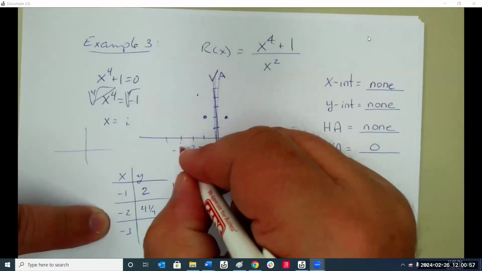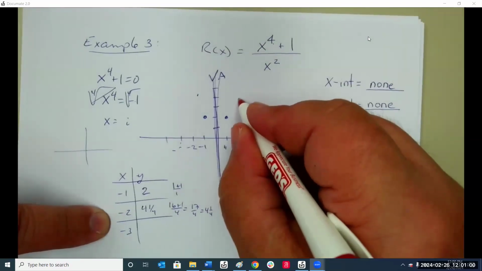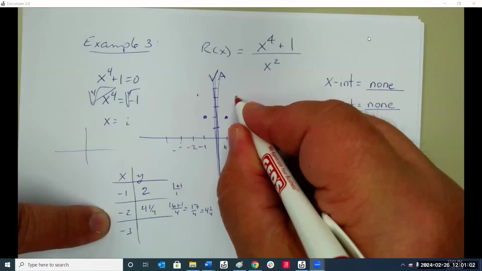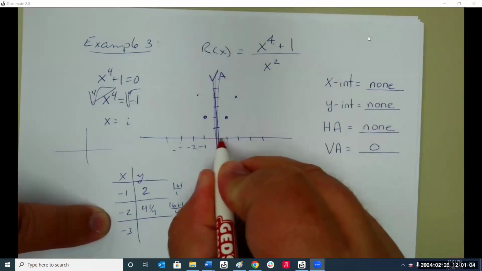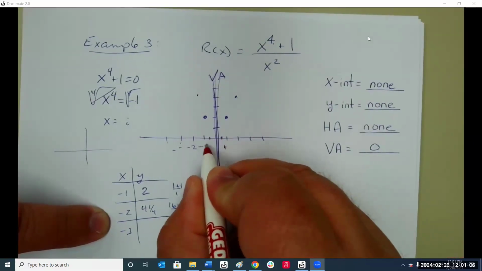So the farther we go down, we'll do the same thing. So what happens at 1/2 or negative 1/2?